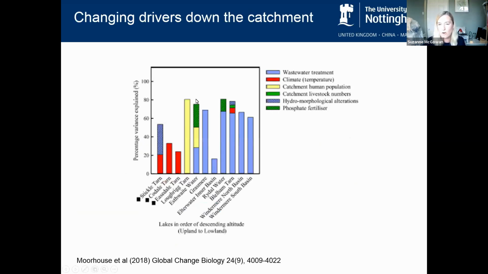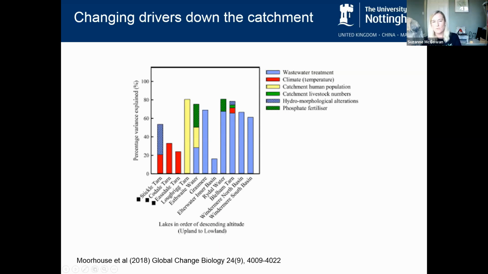This just summarises some of those changes in variability, categorized so that in the wastewater treatment here, we're going in order of altitude. We start with the upland lakes and go into the lowland lakes, and we've got more of an influence of climate on the upland lakes versus wastewater treatment in the lowland lakes, which makes sense because that's where all of the houses are.